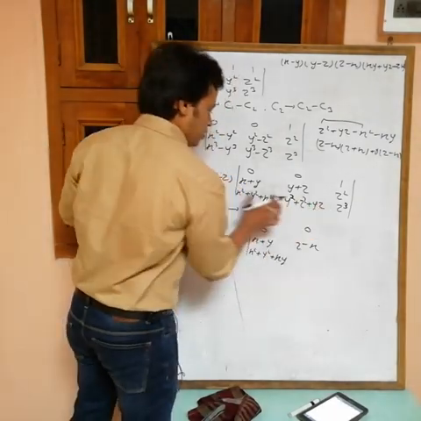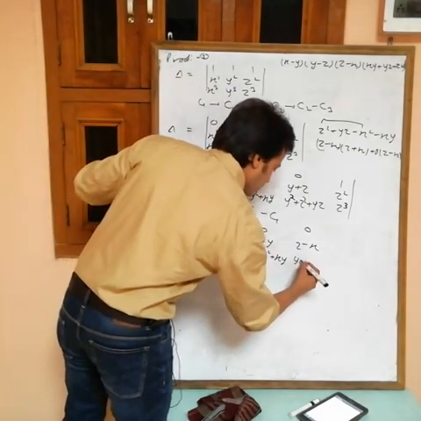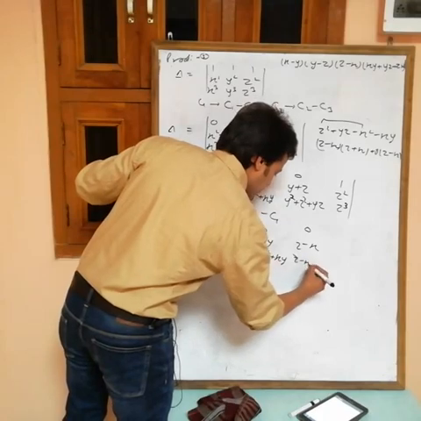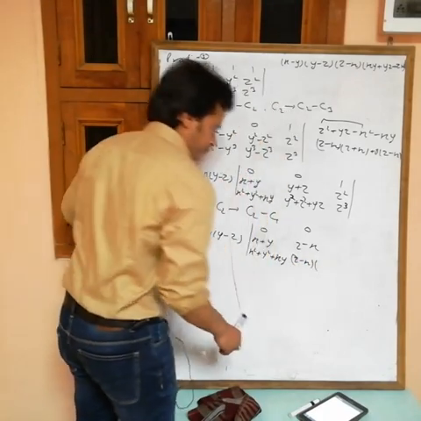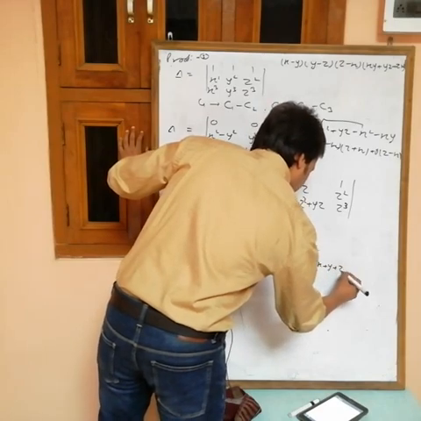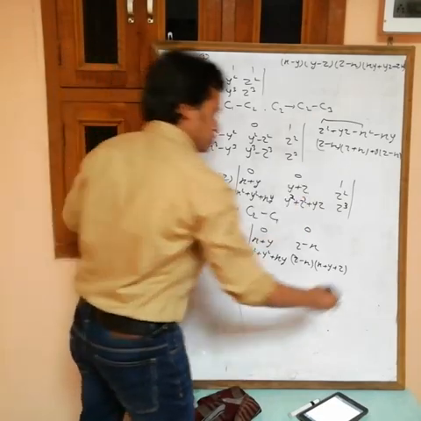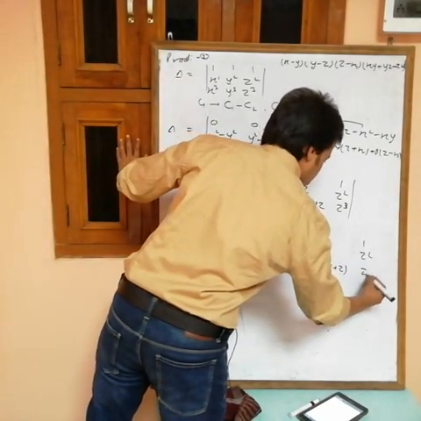So this one minus this one, and after factorization you will get that z minus x into x plus y plus z. Okay, this one minus this one we are doing now. Okay, so 1, z square, z cube.